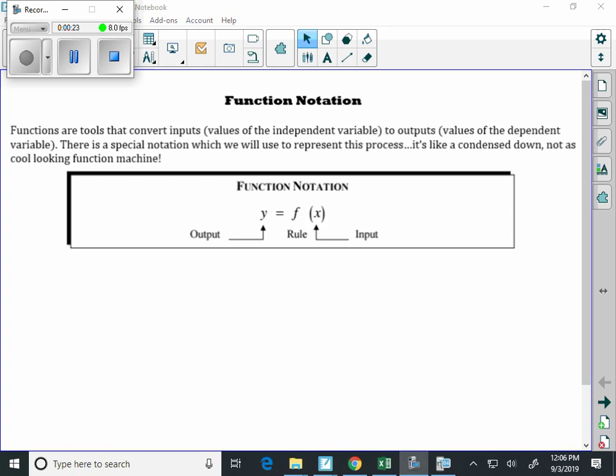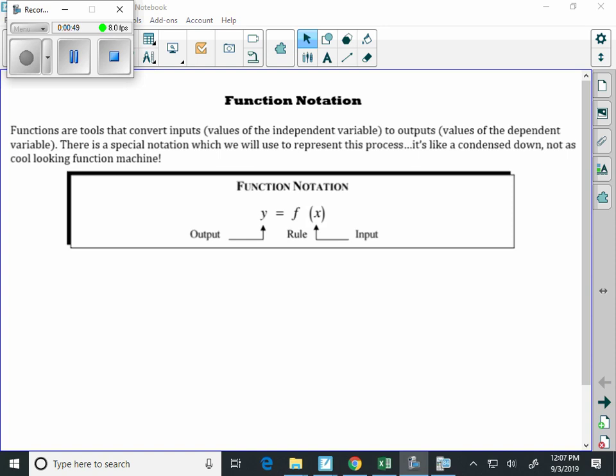The x value is called the domain, and it's the input of the function. It's also the independent variable. The y value is called the range, and it's the dependent variable, and it's also the output. So that's from previous notes.